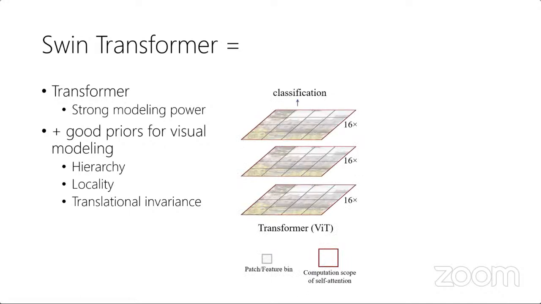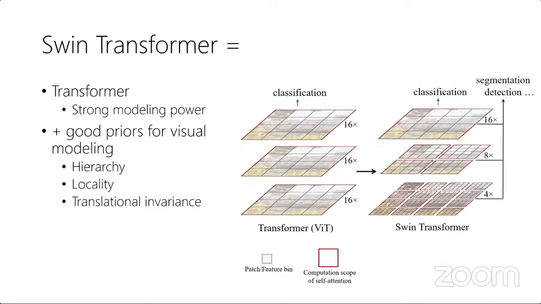It's a standard transformer architecture used in ViT. In this illustration, each gray box indicates an image patch, and the red window indicates the scope of self-attention computation. In ViT, the computation is performed globally over an entire image. In Swin transformer, we introduce several priors, which will be discussed one by one in the following slides.